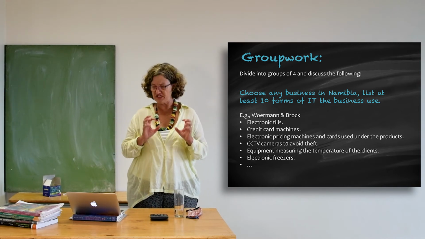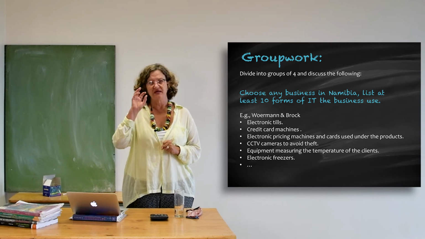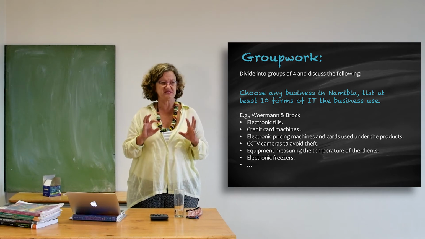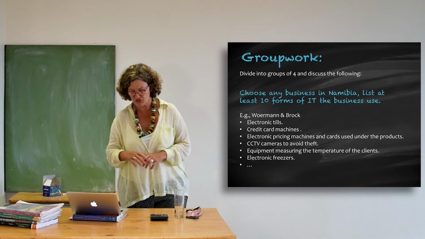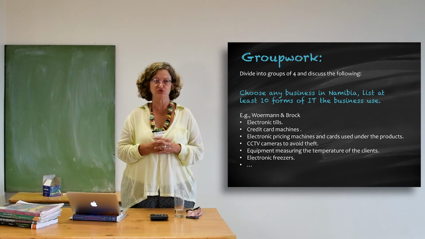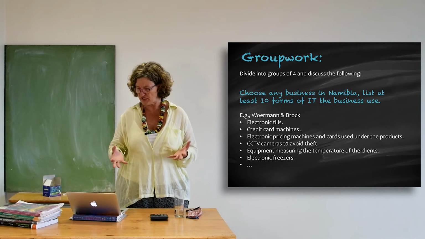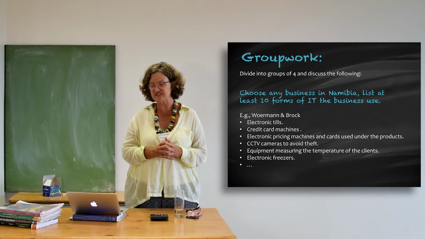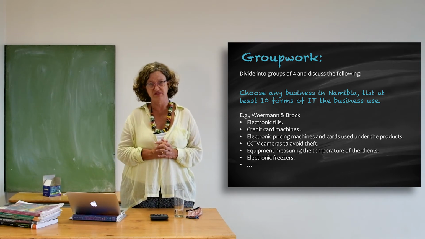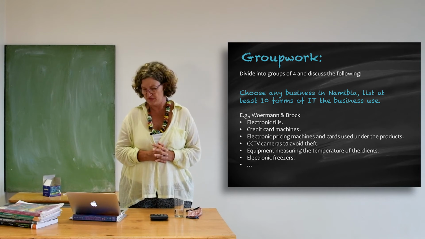In this group work, each group chooses a business in Namibia. So in my case, I, for example, choose Woermann Brock. Now, I will then try to identify at least 10 forms of IT that they use.